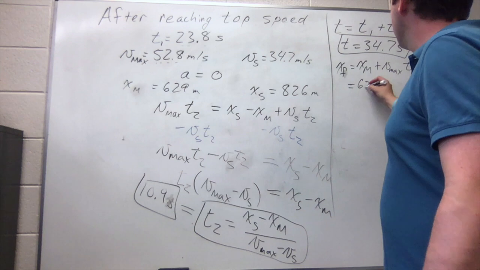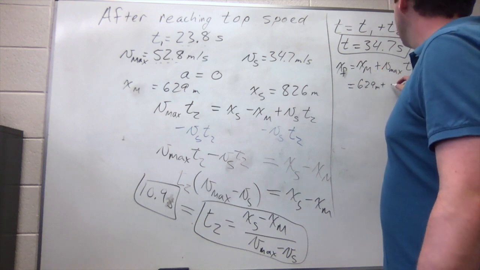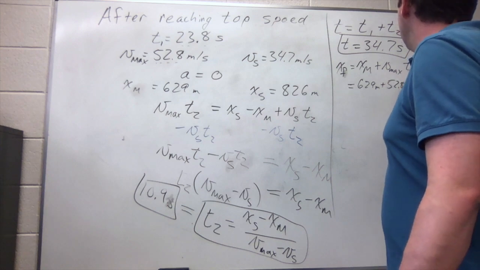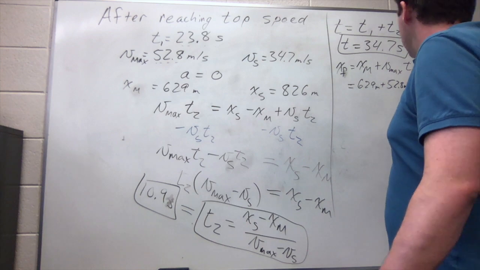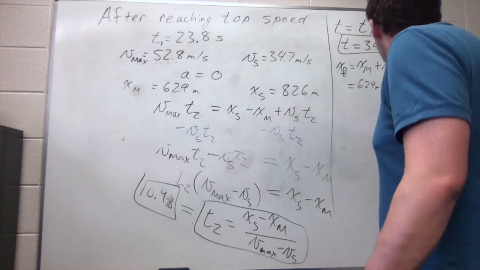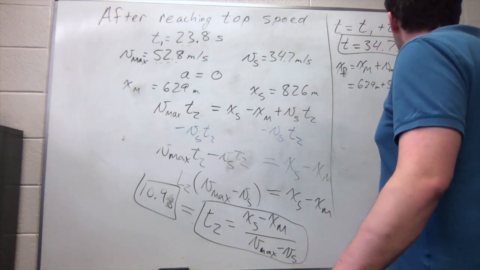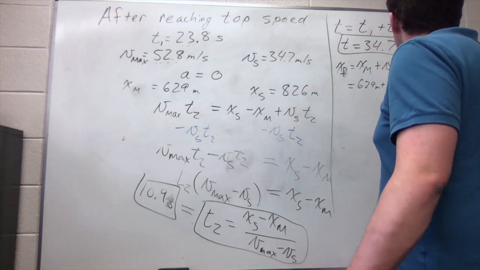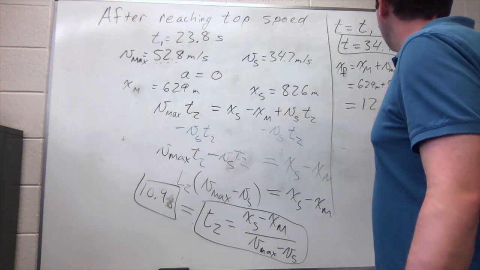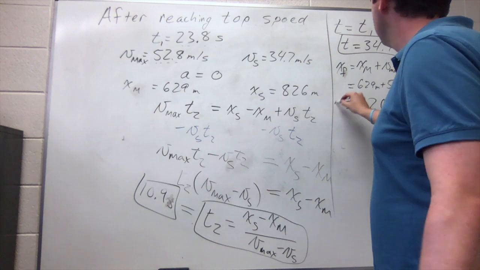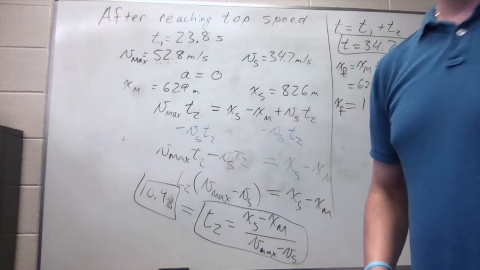So that's going to give me 629 meters plus V max, which was 52.8 meters per second, times just T2, which is 10.9 seconds. Which ends up giving us around 1,200 meters. All right, and that's it.